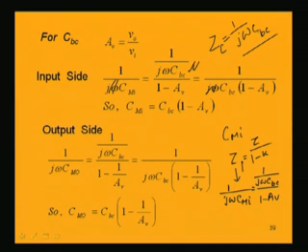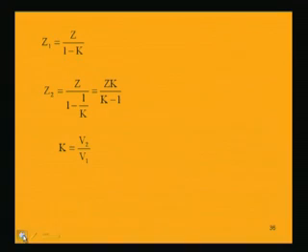Similarly, in the output side, if I want to find the value of CMO, proceeding in a similar manner, we know that Z2 in the output side equals Zk by k minus 1, or Z by 1 minus 1 by k, that we have seen here.